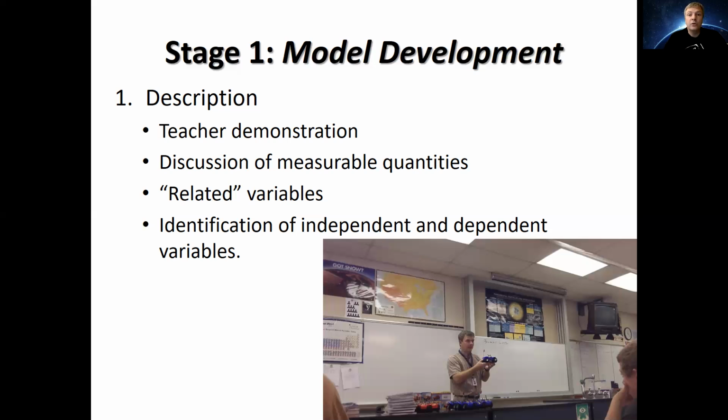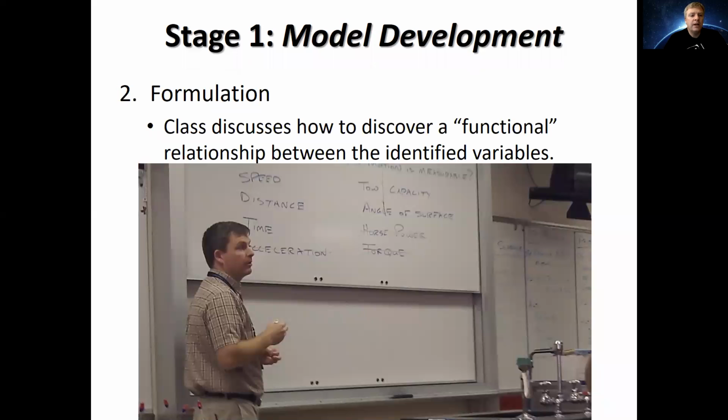I then ask the students, what about that thing that they've just observed is measurable? What could they measure from that? And that usually brings up a huge list of suggestions from the students about things that we could measure.